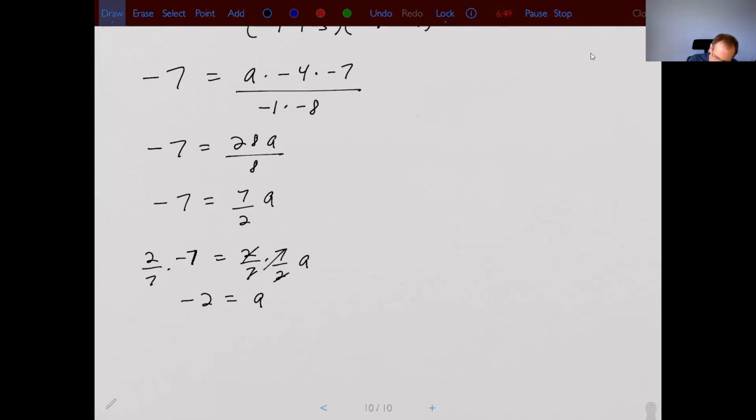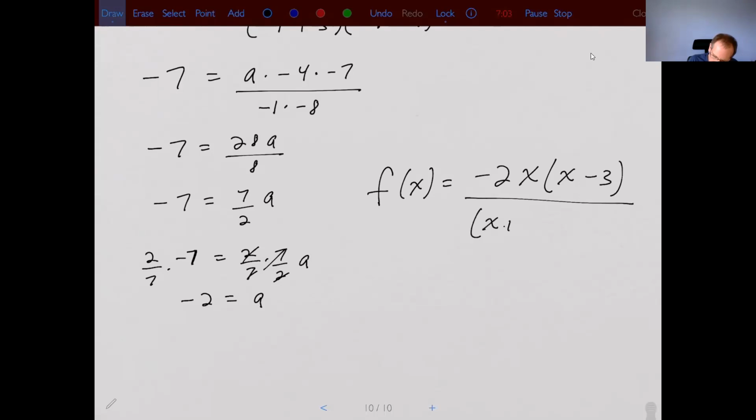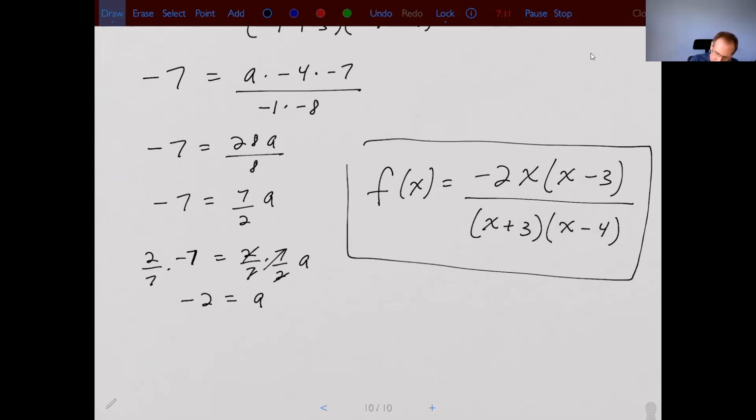So my final answer for that function is f of x equals -2 times x minus 3 all over x plus 3 times x minus 4. Right, so that would be the function.